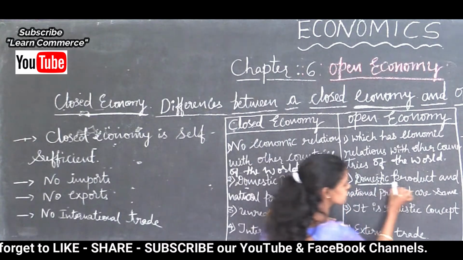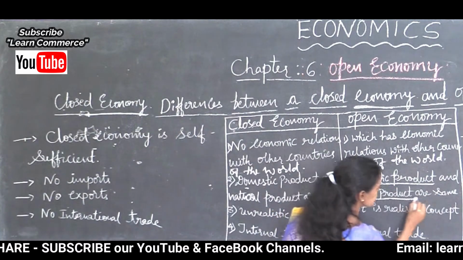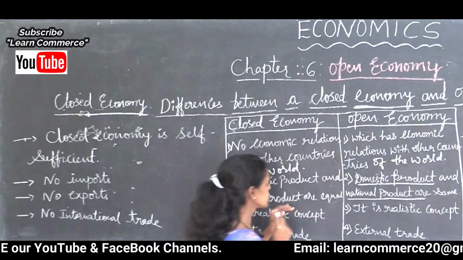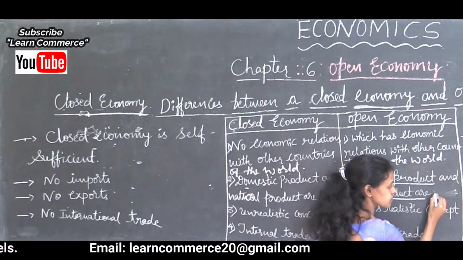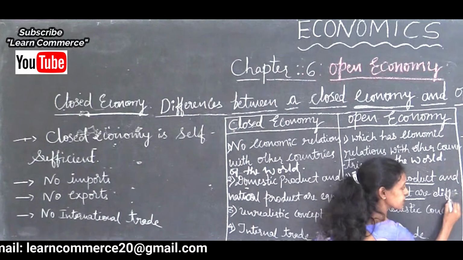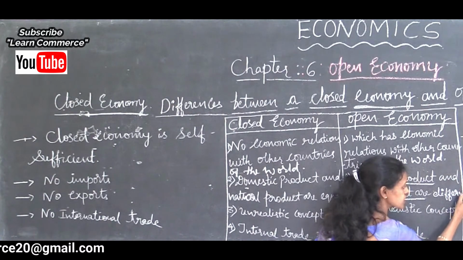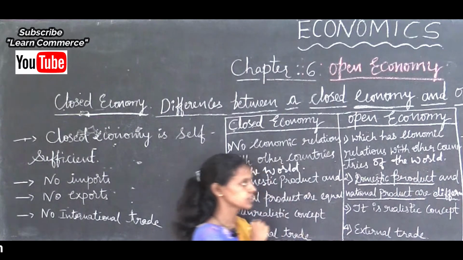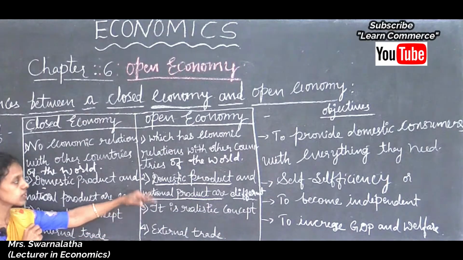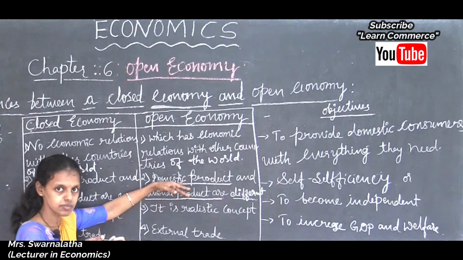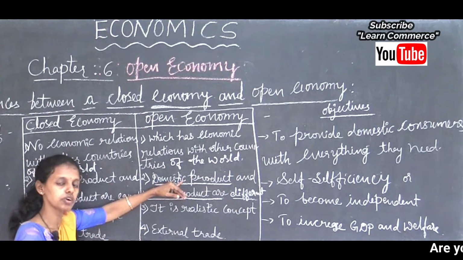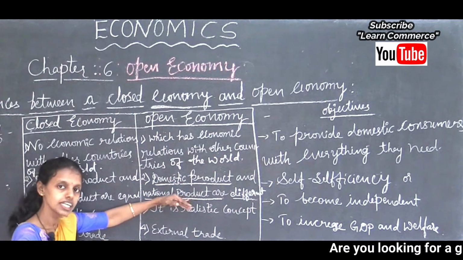Thus, domestic product and national product are different, not the same. Why different? Whatever goods are produced within the country are different from the goods we import from other countries.